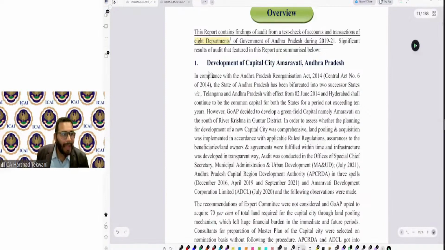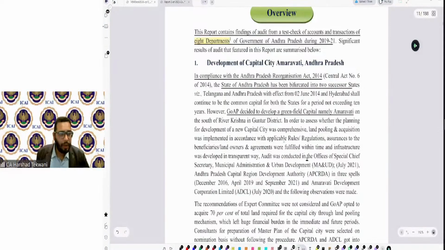Now, in compliance with the Andhra Pradesh Reorganization Act 2014, the state has been bifurcated into 2 successor states. However, GOAP, the Government of Andhra Pradesh, decided to develop a greenfield capital, namely Amravati.